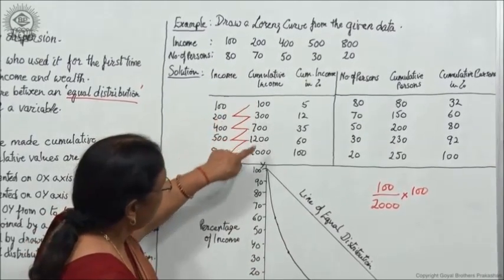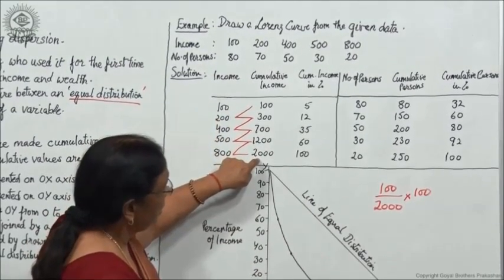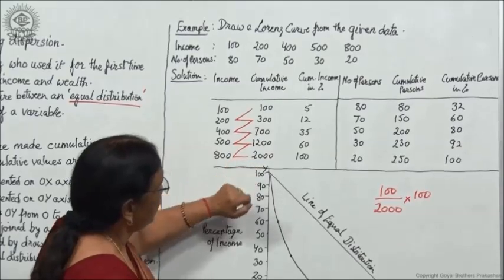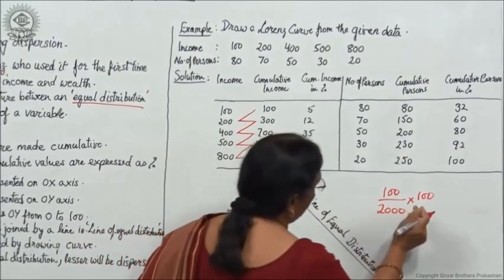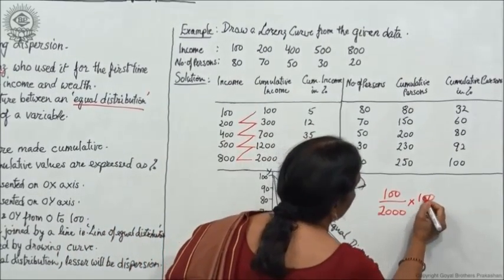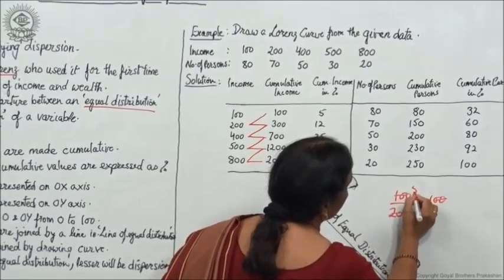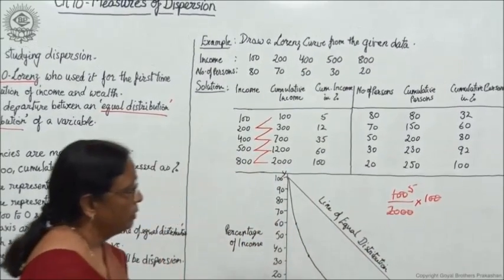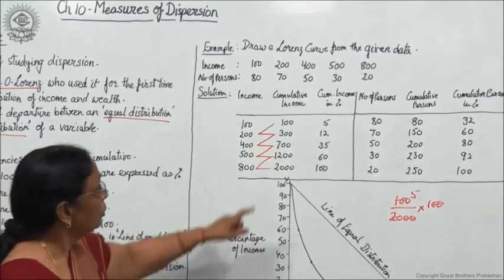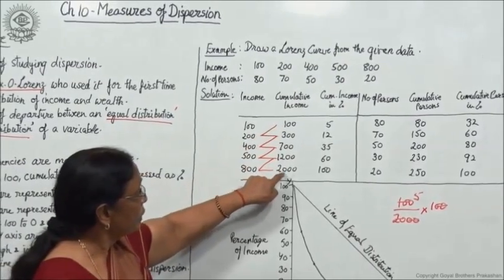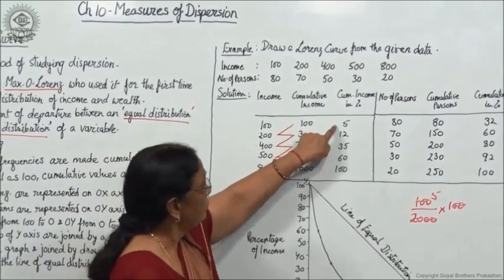This is 100 divided by 2000 into 100. Now this you will cancel, and 20 will give you 5, right. So 100 upon 2000 into 100 is 5.